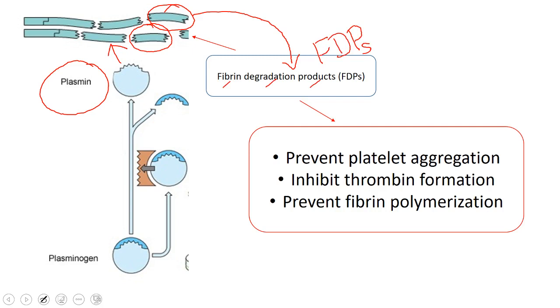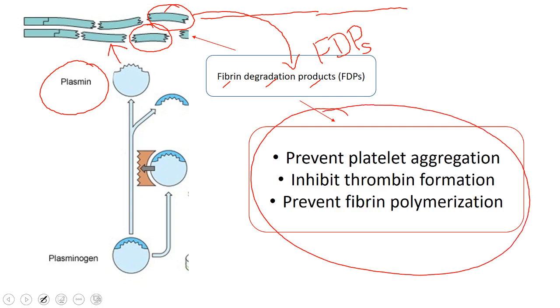And these fibrin degradation products, apart from not having a meshwork like fibrin, also have certain active properties, such as FDPs prevent aggregation of platelets themselves.